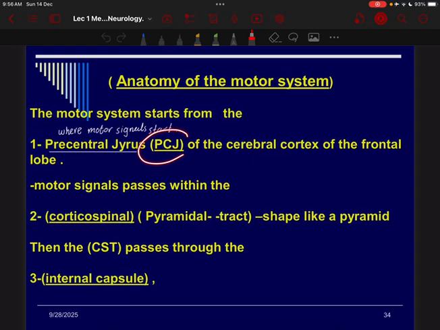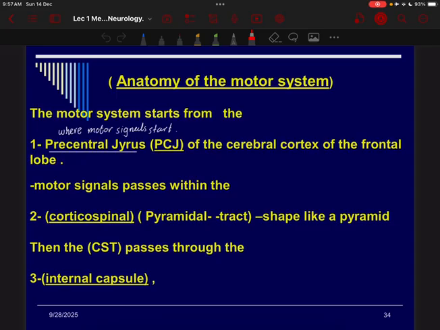Why precentral gyrus? Because at the back of the frontal lobe there is a gyrus, there is a groove. And in front of that groove is the frontal area. That's why I call it precentral gyrus.